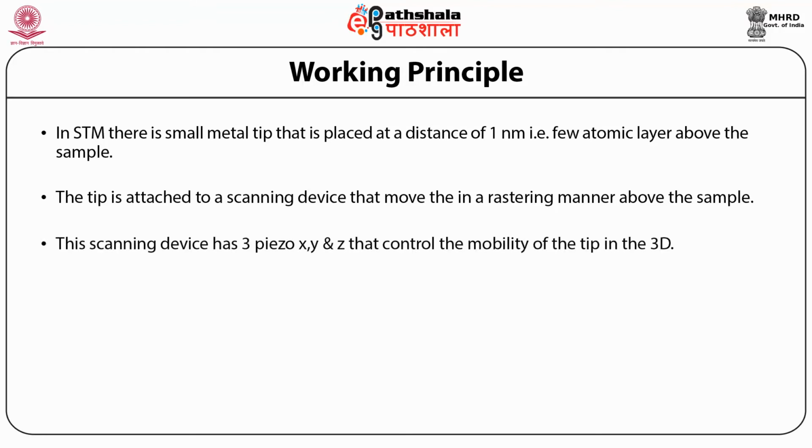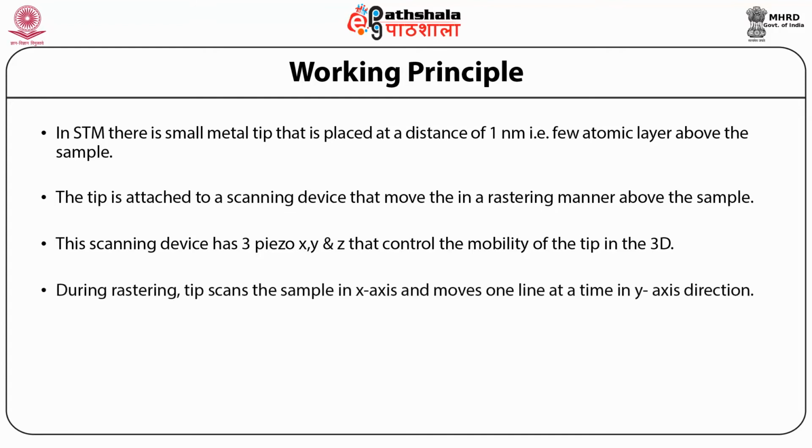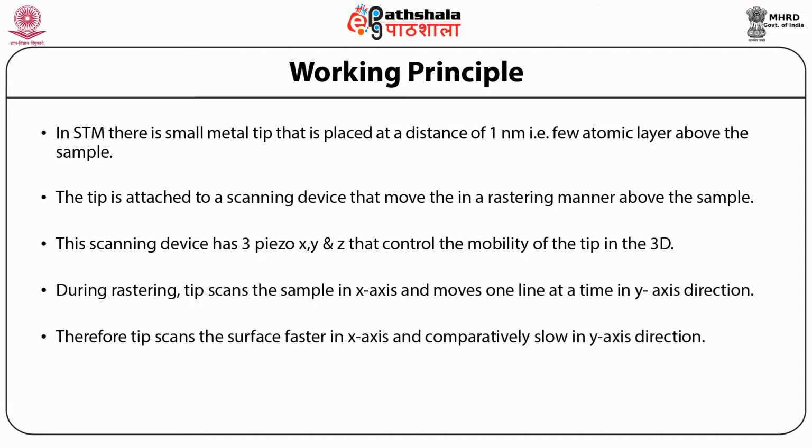This scanning device has 3 piezos X, Y, and Z that control the mobility of the tip in the 3 dimensions. During rastering, the tip scans the sample in the x-axis and moves one line at a time in the y-axis. Therefore, the tip scans the surface faster in the x-axis direction and is comparatively slower in the y-axis direction.